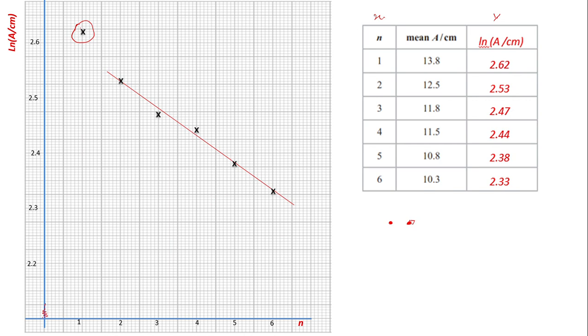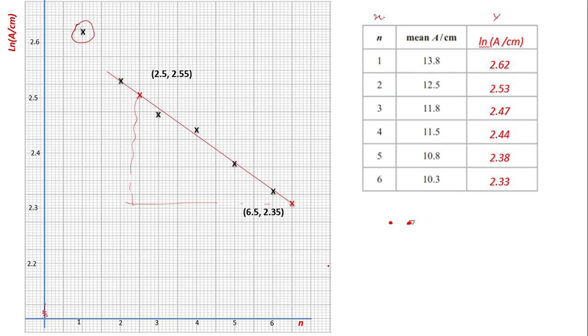I did. And now I need to find the gradient, because I need to find the lambda. For gradient, I need 2 points. And for 2 points, I will have to choose 2 points on the line. These are the 2 points that I'm choosing, and I will have to draw the triangle here, something like this. And then the coordinates of these 2 points are these. And then you can find the gradient.